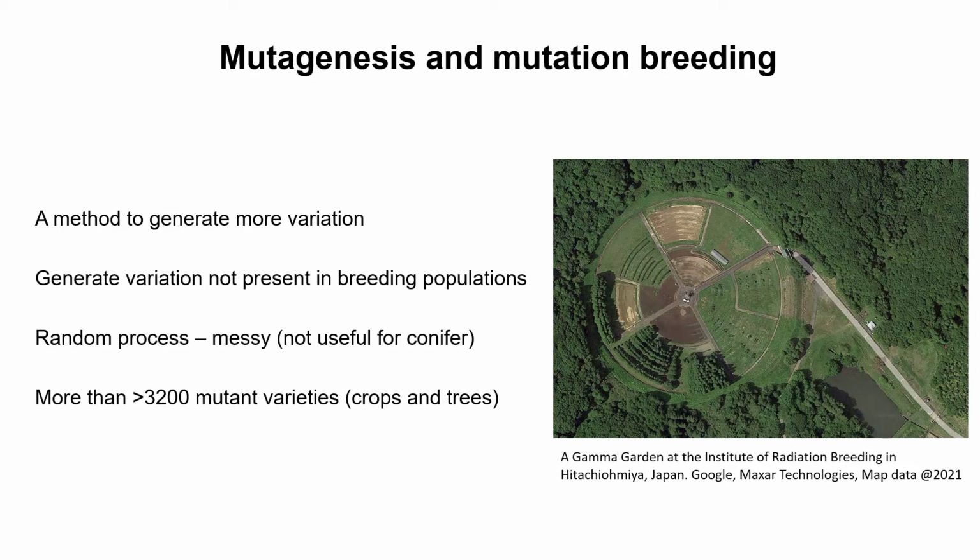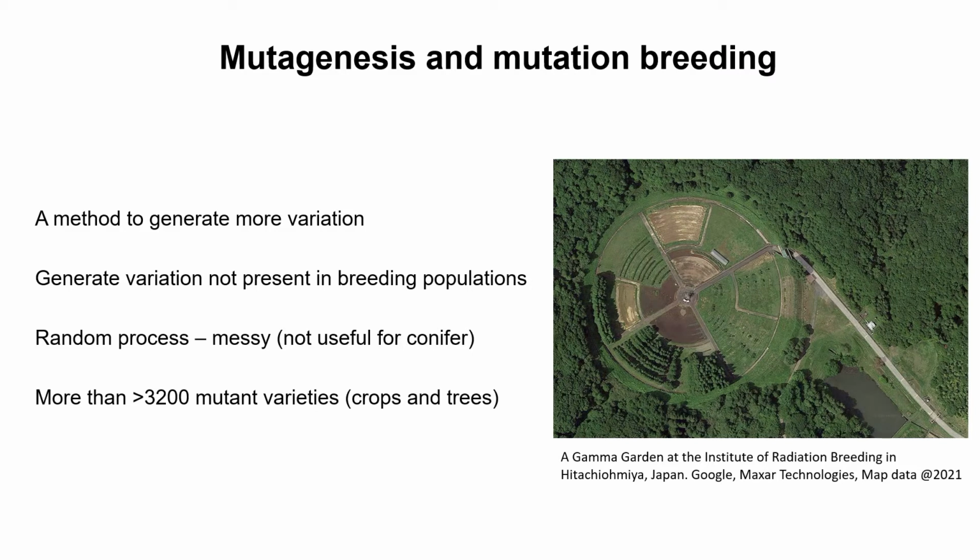This one still works in Japan, and at the centre of this garden is a radiation source which emits gamma rays. In order to carry out mutagenesis, plants are planted in this garden. Near to the source they get a lot of radiation, further away they get less radiation. After a period of growth, these are taken away and then examined to see if they've got any interesting phenotypes.